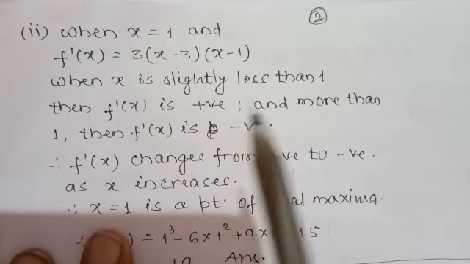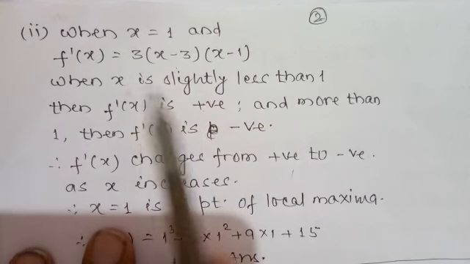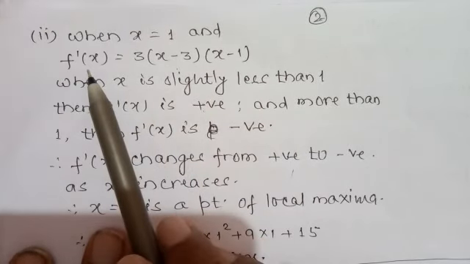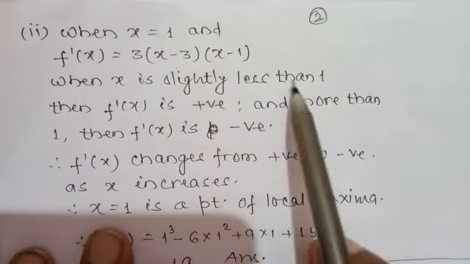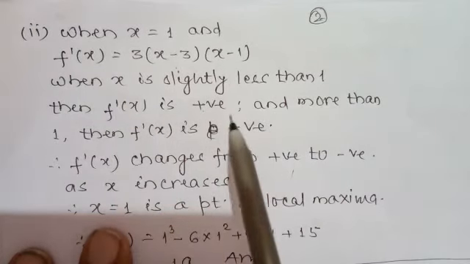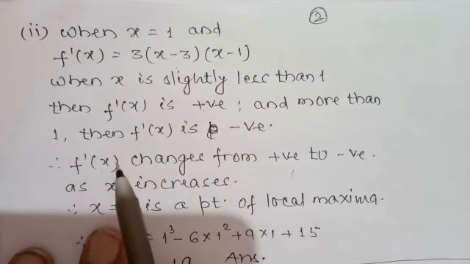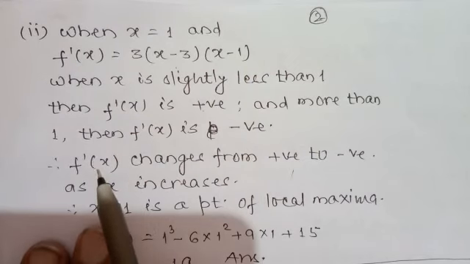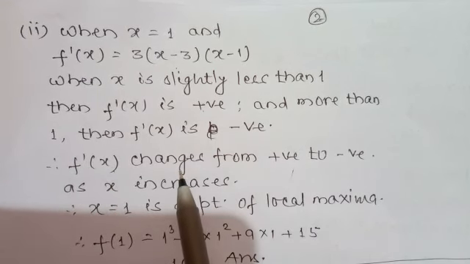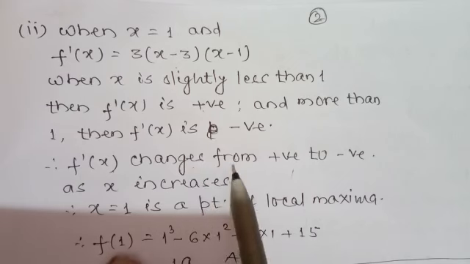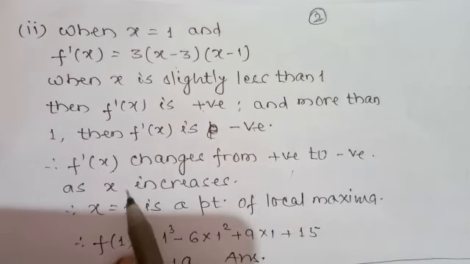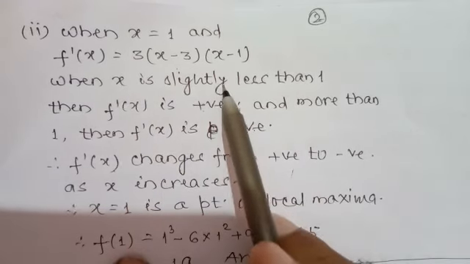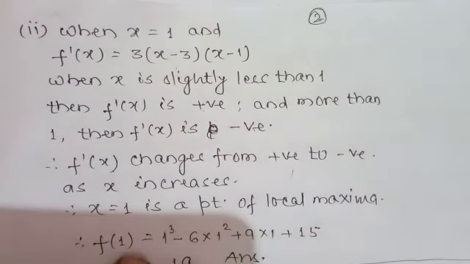So when x is less than 1, then f dash x is positive. When x is more than 1, then f dash x is negative. So we can say that the value of f dash x changes from positive to negative when x increases from negative to positive.